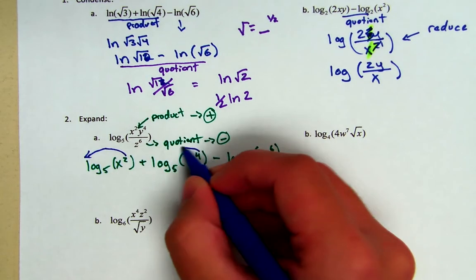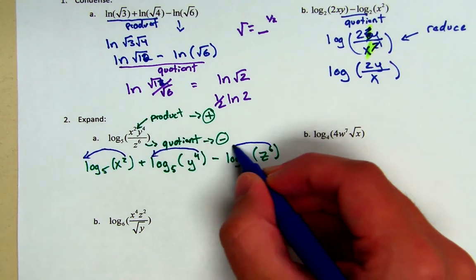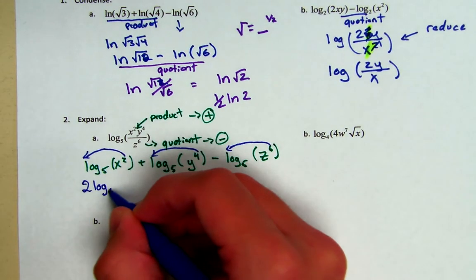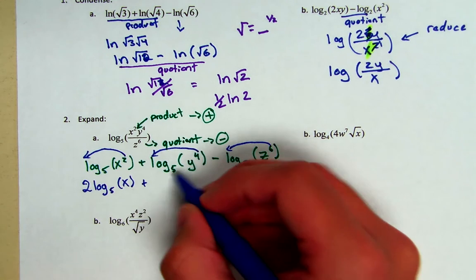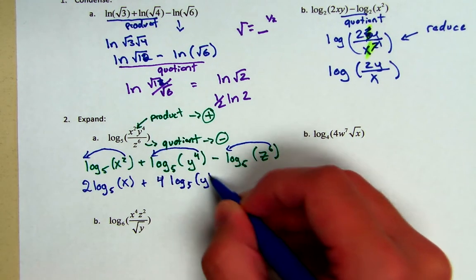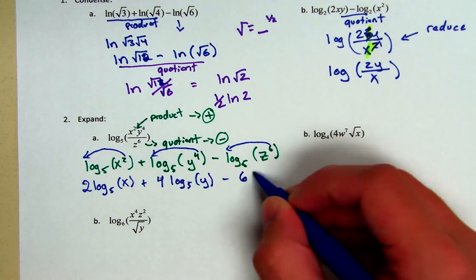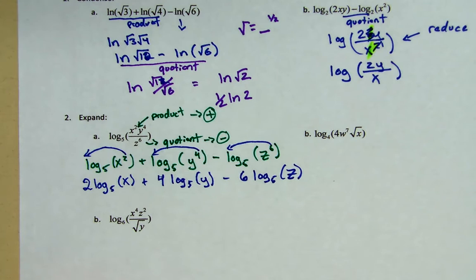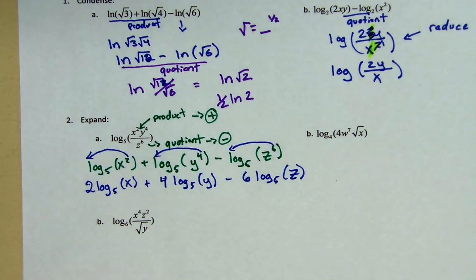So 2 needs to come down, 4 needs to come down, and 6 needs to come down. So 2 log 5 of x plus 4 log 5 of y minus 6 log 5 of z. And then that is fully expanded. I cannot stretch that anymore.